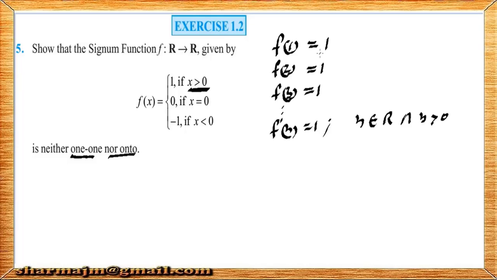So for all positive values of x, we have f of x as 1. So this function is many to 1. Okay, so you can say f is not 1-to-1 function.